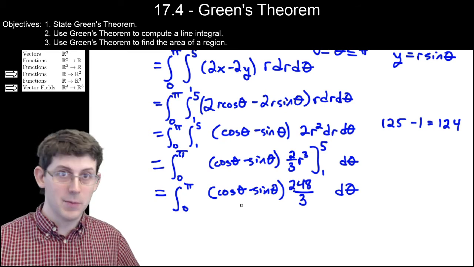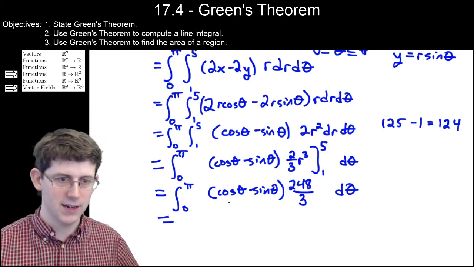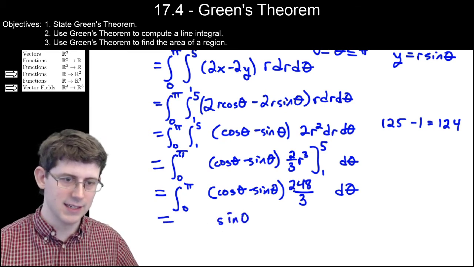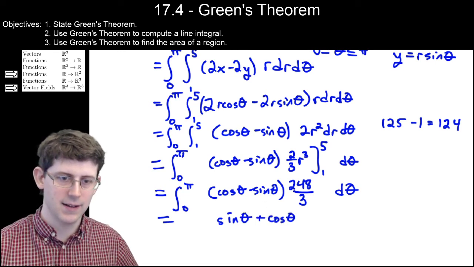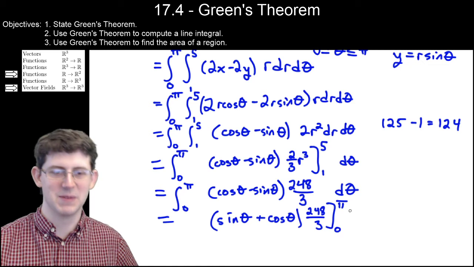Now I have to do the theta part of the integral. No problem. Integral of cosine theta d theta is sine theta. Integral of minus sine theta d theta is cosine theta. And then I've got this weird 248/3 that's just chilling, waiting for the problem to be done.